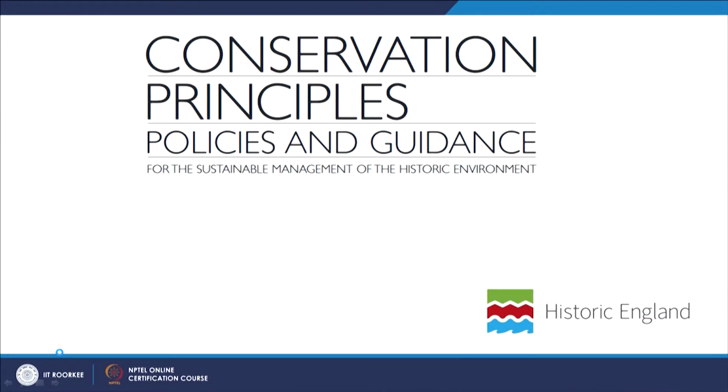Historic England, earlier referred to as English Heritage, has set up a document which states the conservation principles, policies and guidance for the sustainable management of the historic environment. Because we are not just talking about the identification of a historic environment, but about how we can relate to sustainable management practices. That involves planning, restoration, conservation, and the whole aspects of conservation, and what kind of thumb rules, the kind of principles, one has to abide by.